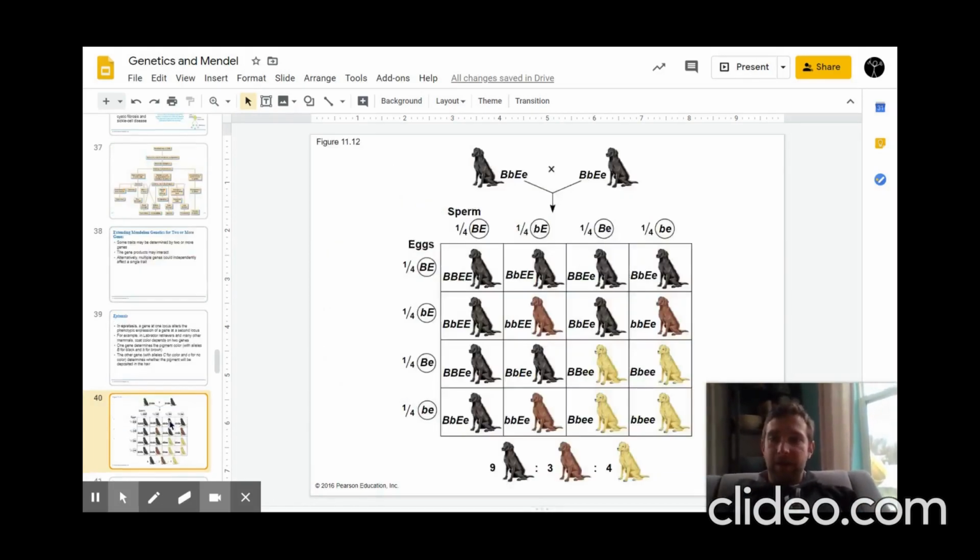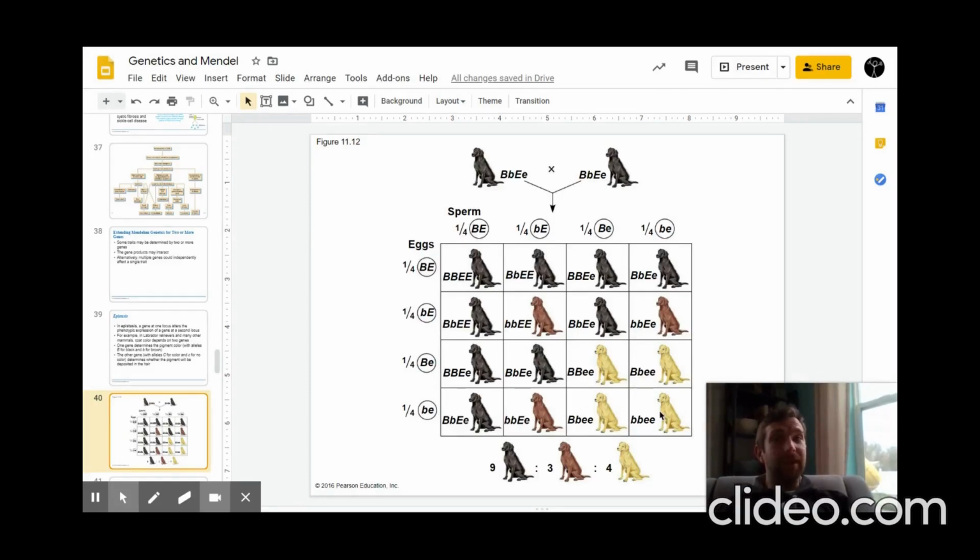So in our example of our Labradors, we get a very distinct ratio in terms of our phenotypes because, in this case of a dihybrid cross, we don't have a 9:3:3:1 ratio anymore. Because if you are recessive for the allele that is responsible for making pigment in the first place, it doesn't really matter if you have brown or black pigment that's going to get made.